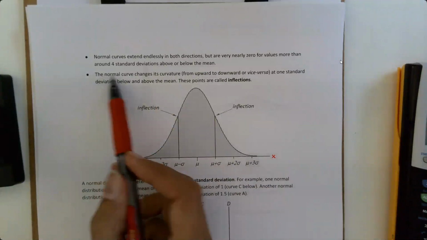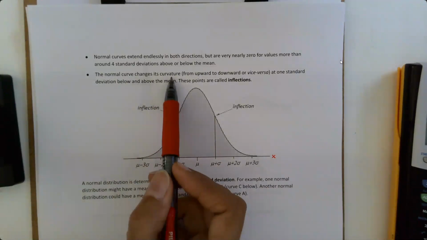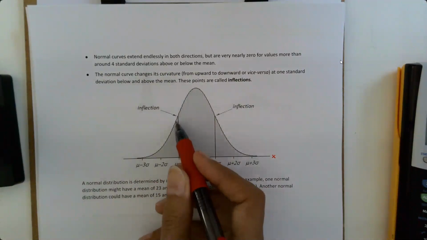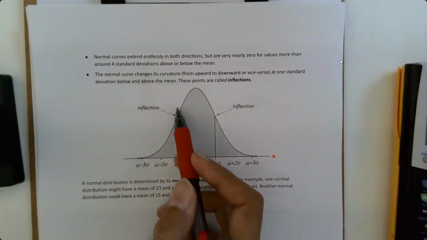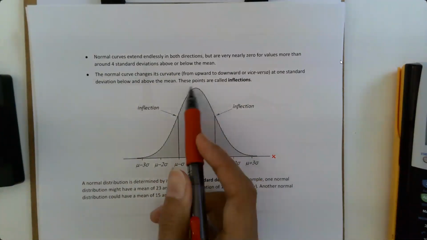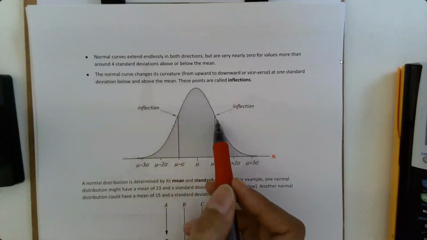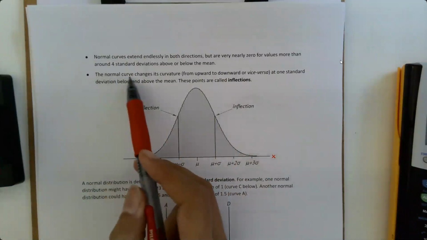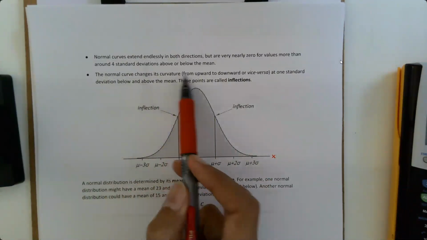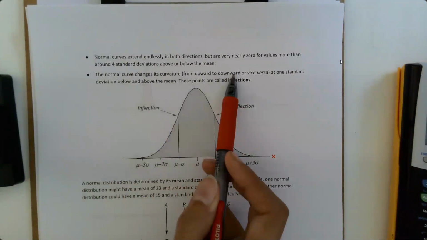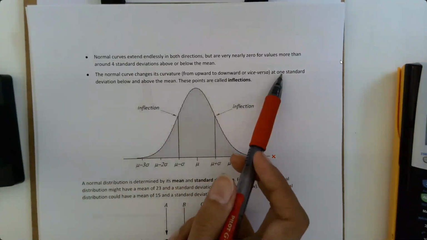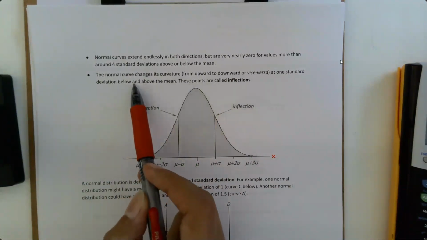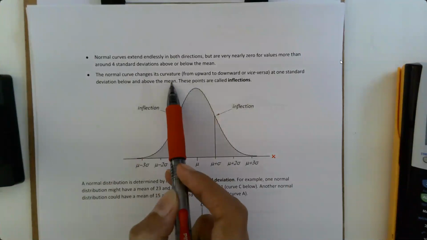The normal curve changes its curvature. Curvature is upward, then curvature is downward, then curvature goes up again. So the normal curve changes its curvature from upward to downward and then upward at 1 standard deviation below and above the mean.